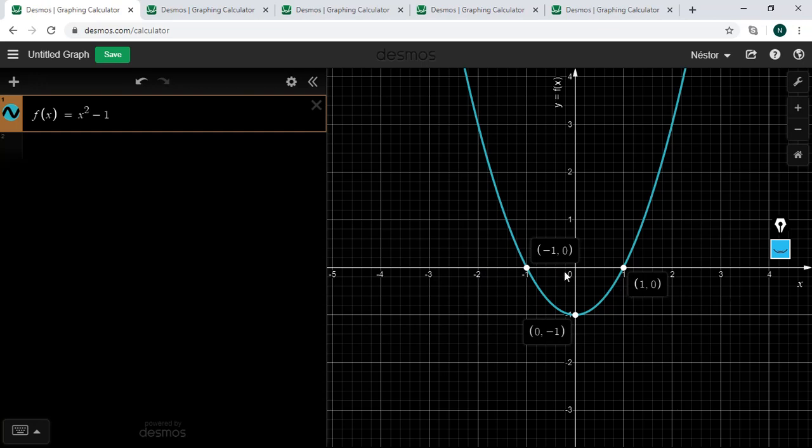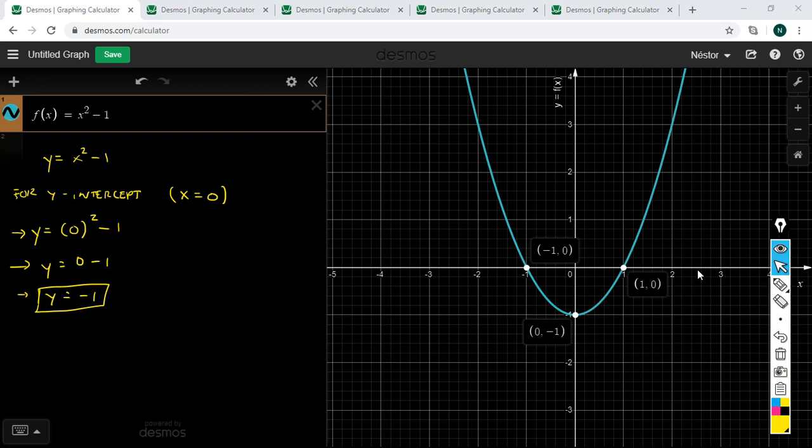So it's redundant, but anyways, I just wanted to tell you that. So we know already the y-intercept and both x-intercepts. Now let's get them analytically, and you will see that it's very, very easy.